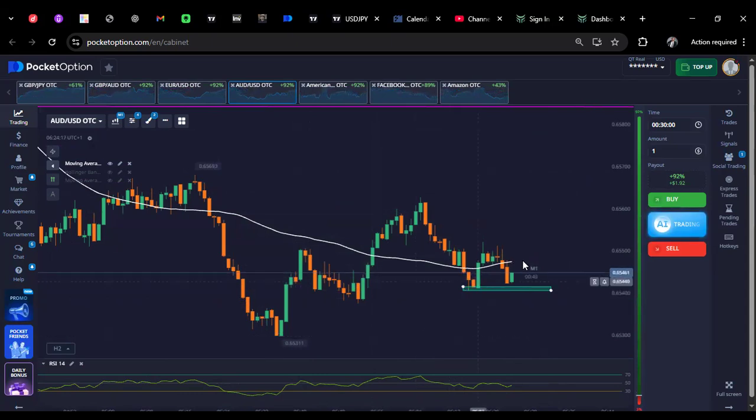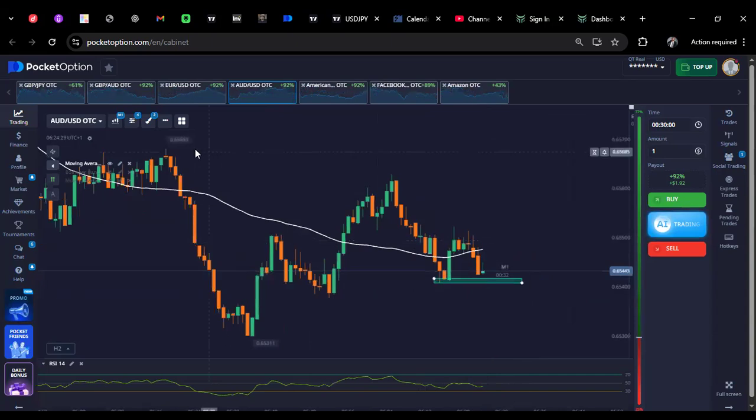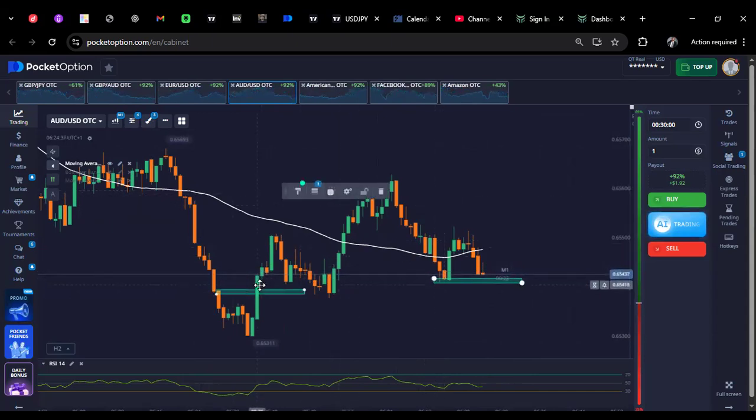The market is even playing under the EMA too. So now, looking at this chart, for me to entertain a buy now, I would want the market to break this high.